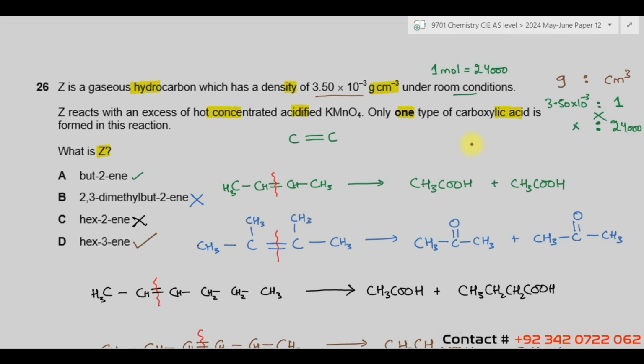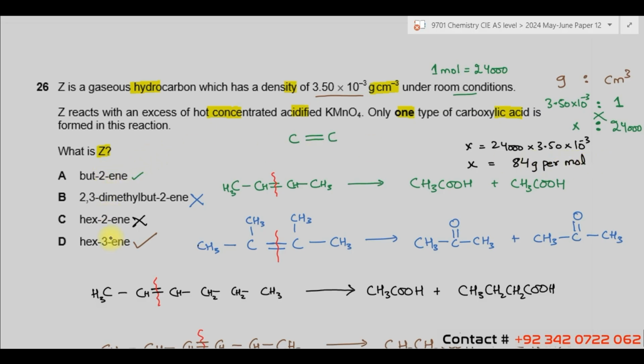Now x will be 24,000 into 3.50 × 10^-3. So x will be equal to 84 grams. Now this much gram is for 24,000 centimeter cube.